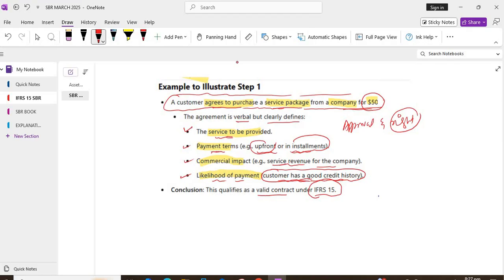The payment term is also clearly identified, upfront money or money in installments, and the commercial impact is also clear. Services will boost revenue and cash flow, and there's the probability that the customer has a good credit history.